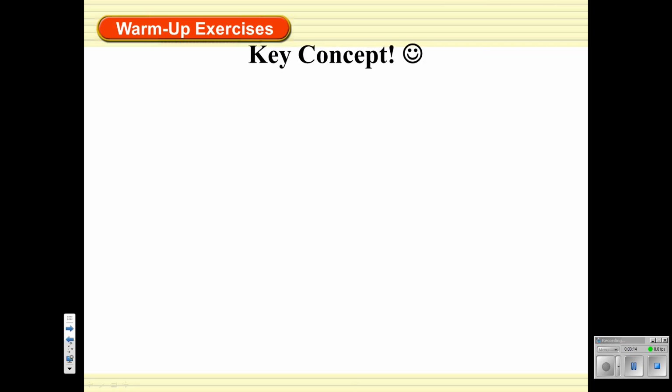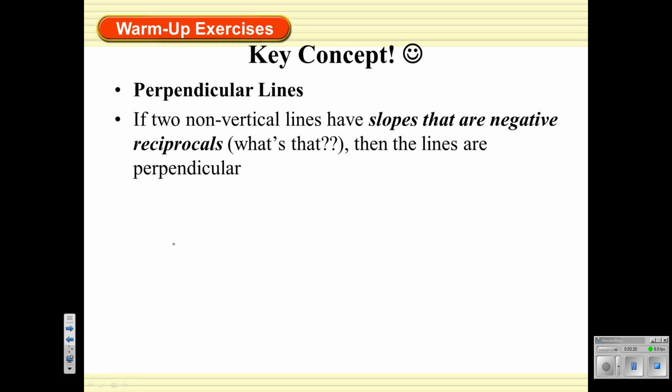So investigating perpendicular lines, for a key concept, perpendicular lines. If two non-vertical lines have slopes that are negative reciprocals, what's that? Well, we're going to learn about that in just a second. If they have slopes that are negative reciprocals, then the lines are perpendicular.